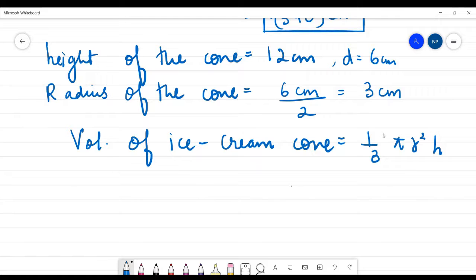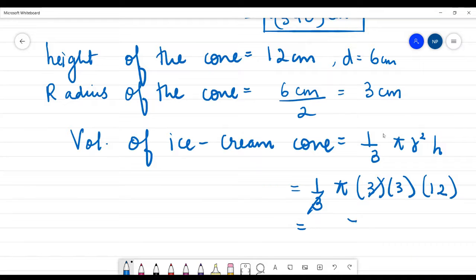So we will get 1 by 3 pi, r square is 3 square, into h which is 12. So this 3 and this 3 will be cancelled. We will be left with 36 pi centimeter cube.